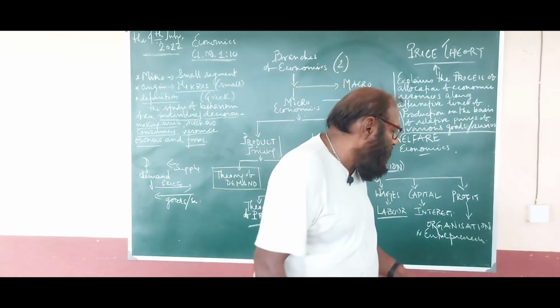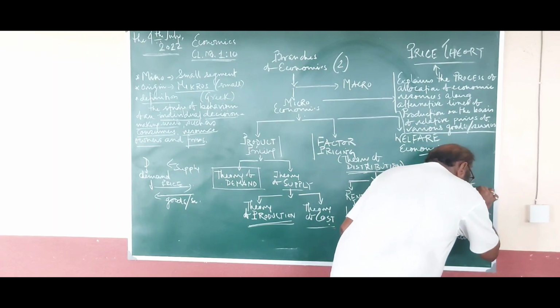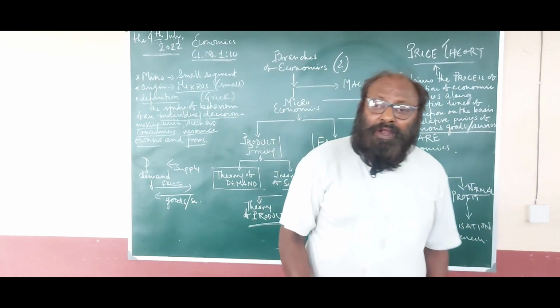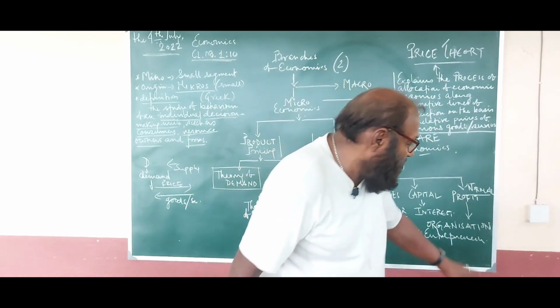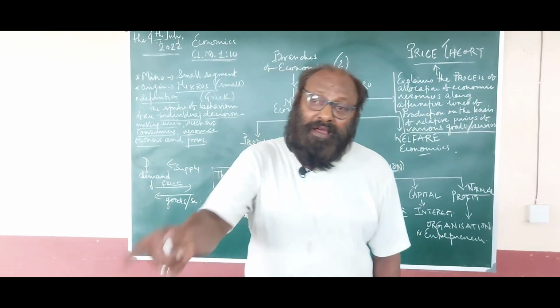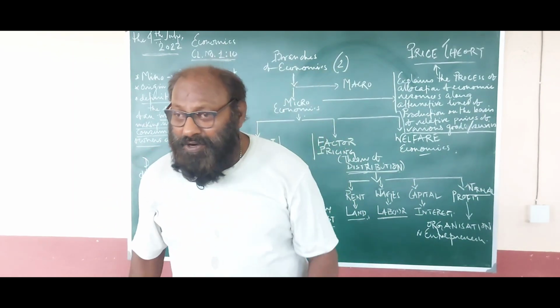Here, friends, I would like to use one term, normal profit. This is not stated in your book. Normal profit is the normal, minimum payment that will have to be made to the entrepreneur. But the entrepreneur can make extra profit, and that is known as super profit.